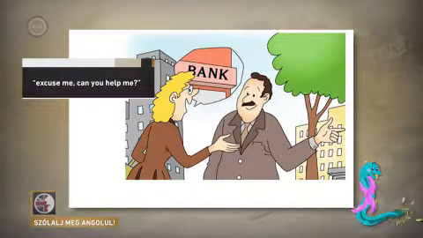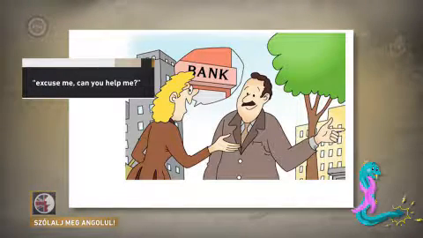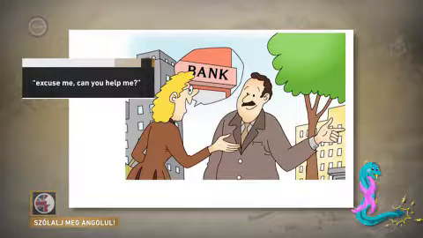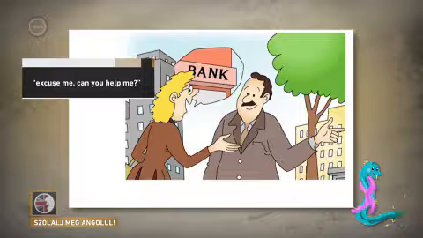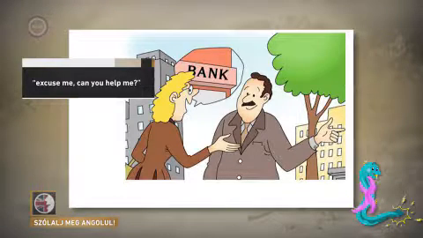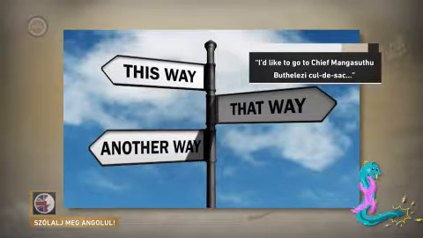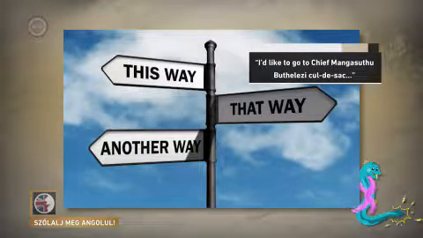We say, "Excuse me, can you help me?" We always start with "excuse me" because we're polite. Now, what do we say next? That's right. We say something like, "I'm trying to get to Chief Mangasuta Buthelezi cul-de-sac." We could also say something like, "I'd like to go to Chief Mangasuta Buthelezi cul-de-sac."